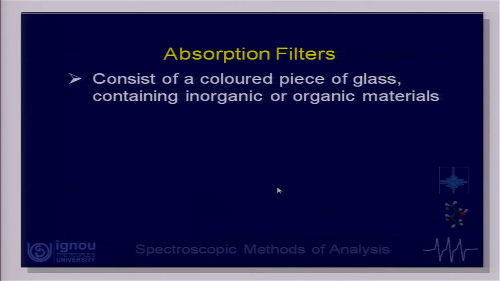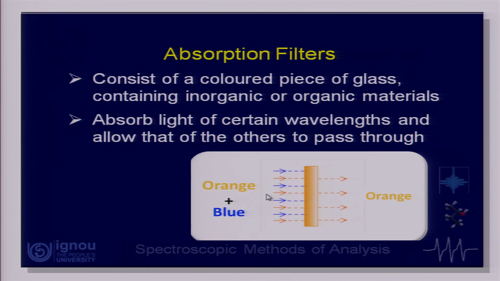Okay. Absorption filters are very simple. Basically there is a small piece of glass which contains inorganic or organic materials. This is a schematic representation of an absorption filter. Radiation is passing through it; I am just showing here orange and blue radiation getting through.